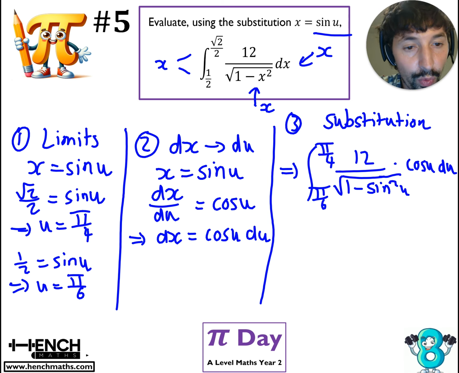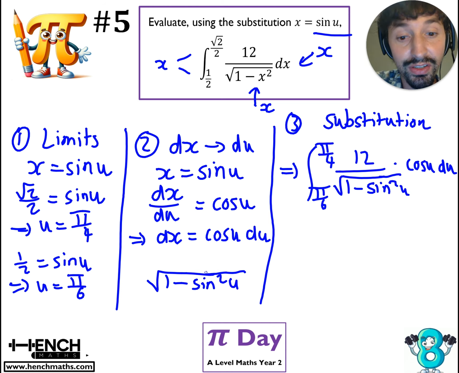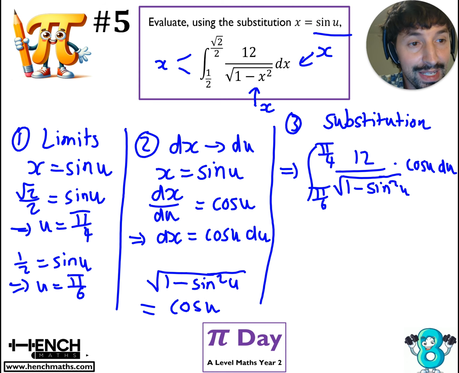The nice thing here is that the square root of 1 minus sine squared u, from the identity we've been using a lot today, 1 minus sine squared is cos squared u. So the square root of cos squared is just cos u, which is nice because that will cancel out with that.